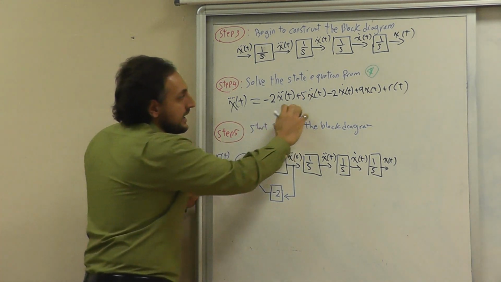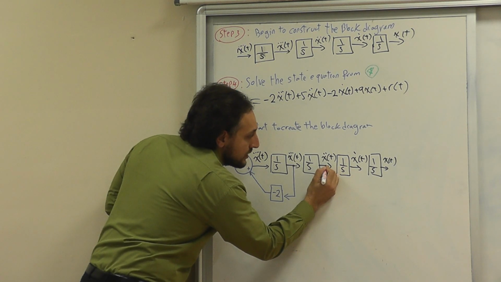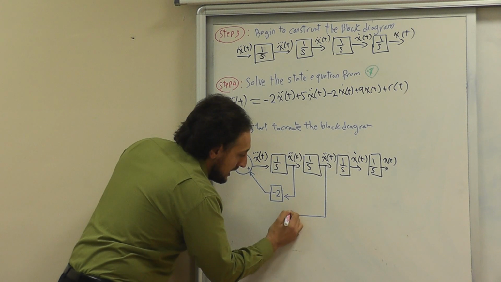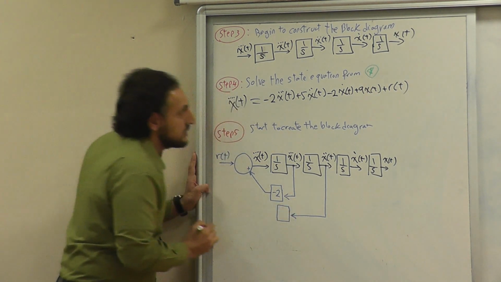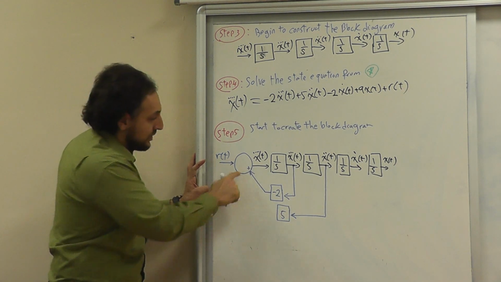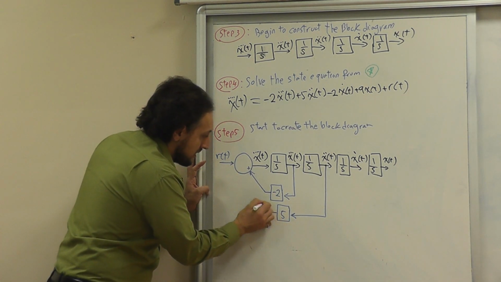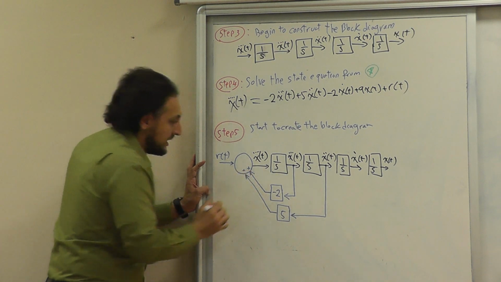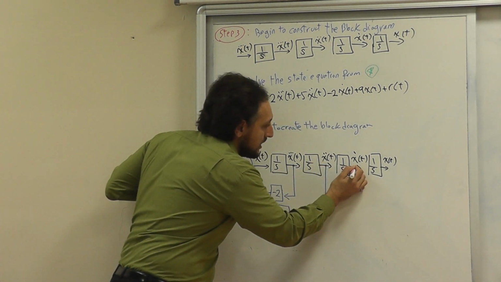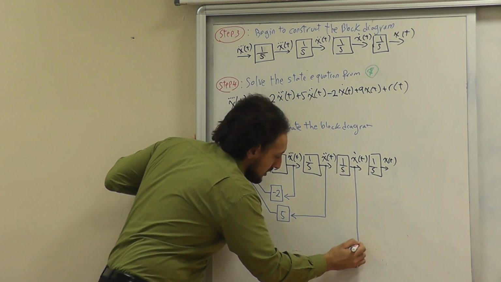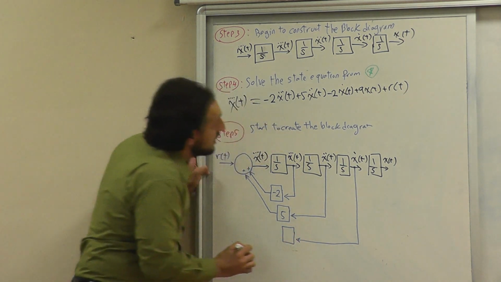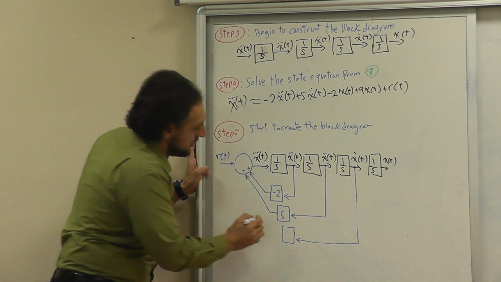Next one. X2 dot. This is X2 dot. Look here. I go here. And what do you want? 5. Eksi 5 ise burası eksi olacak. Plus, then here X dot is this one. What is it? 2.